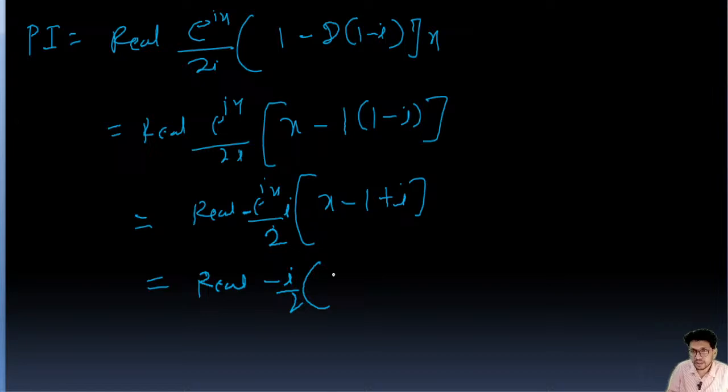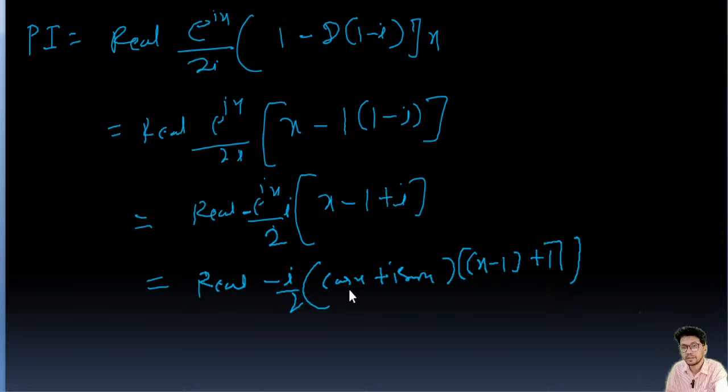Okay, so cos x plus iota sin x, and into x minus 1 plus 1, right? This one. We'll simplify it further. So this is going to be real and minus iota by 2, and this is cos x. So we'll multiply it directly.